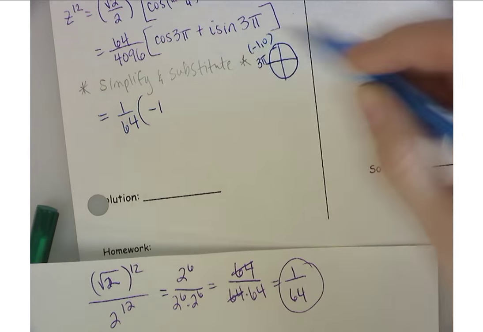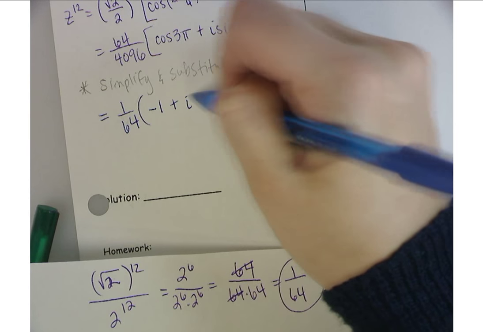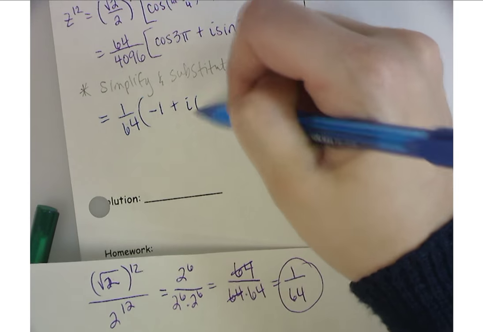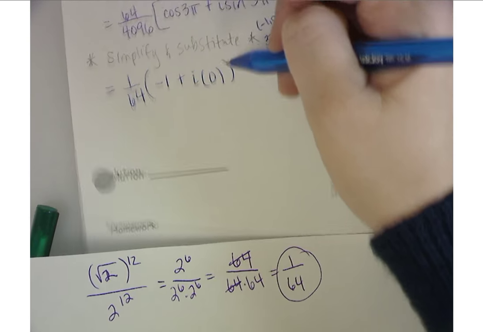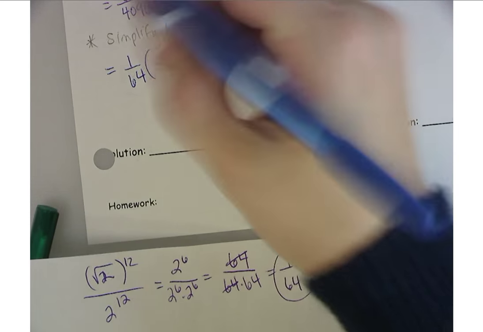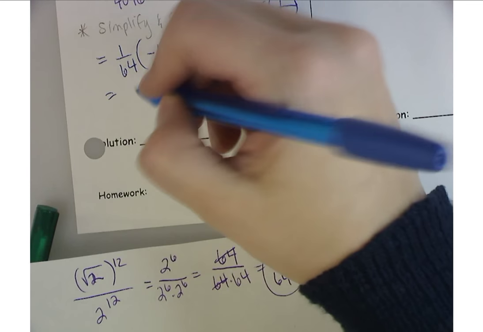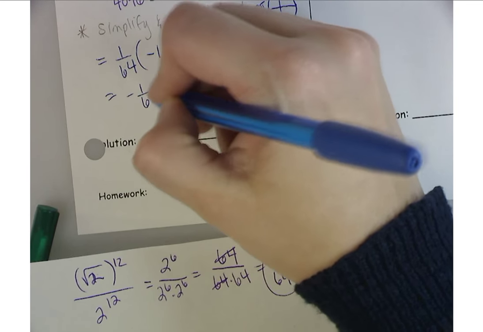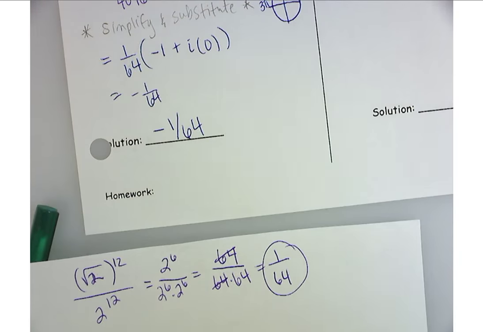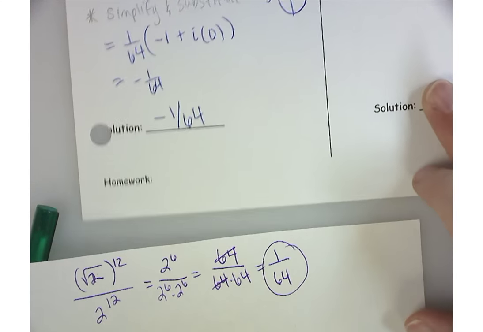Negative 1. And then it'll be plus I, and then the sine of 3 pi is 0. That's my y coordinate. Okay, so then I times 0 is just going to be 0. So this is negative 1 over 64, and that's going to be your final solution, negative 1 over 64.